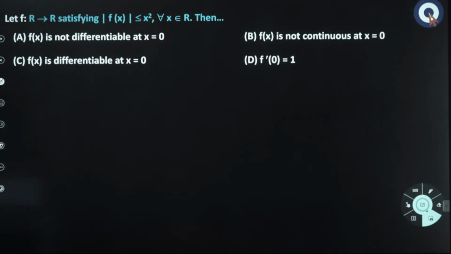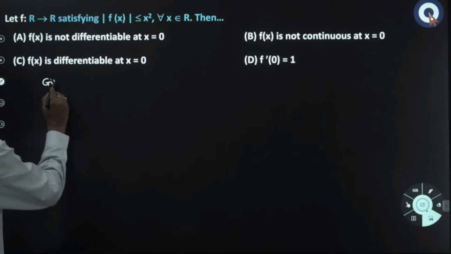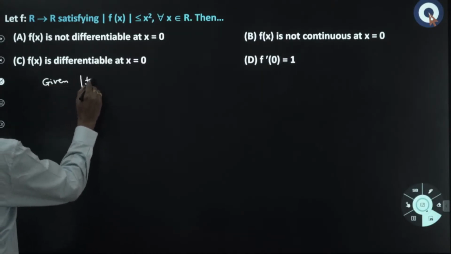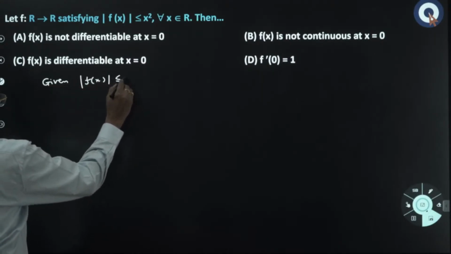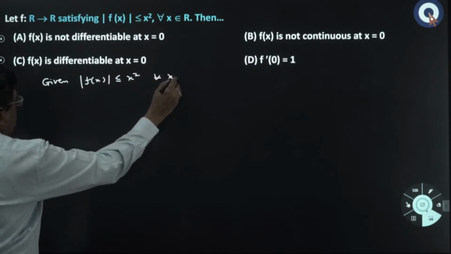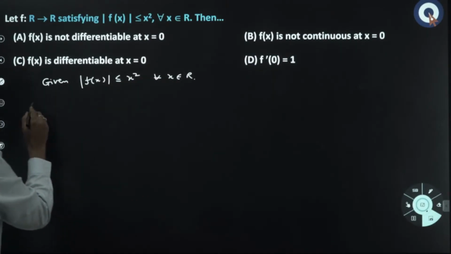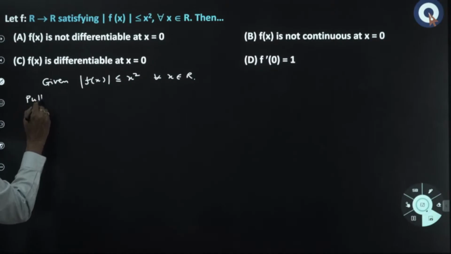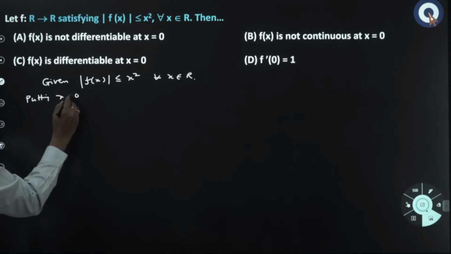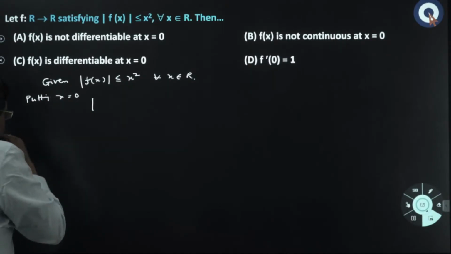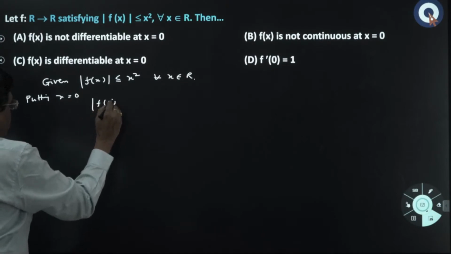So here mod of fx is less than or equal to x square for all x belongs to R. So if I put x is equal to 0, mod of f of 0 is less than or equal to 0.